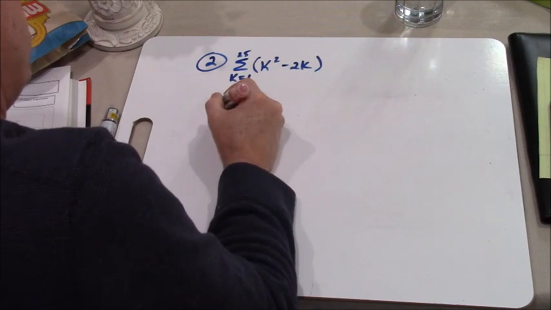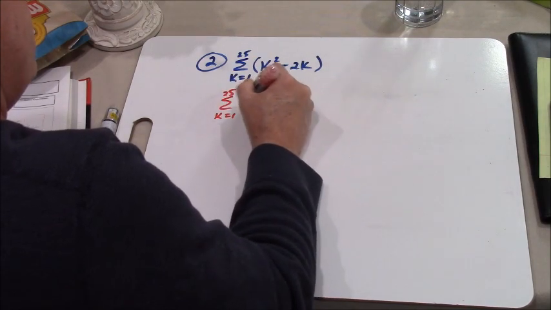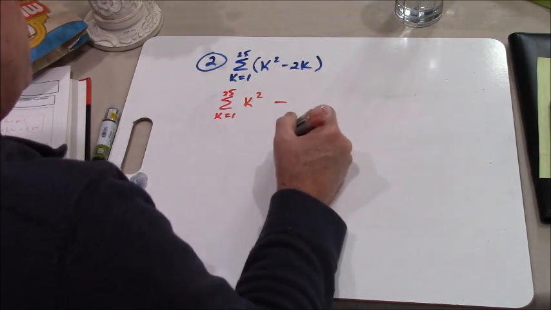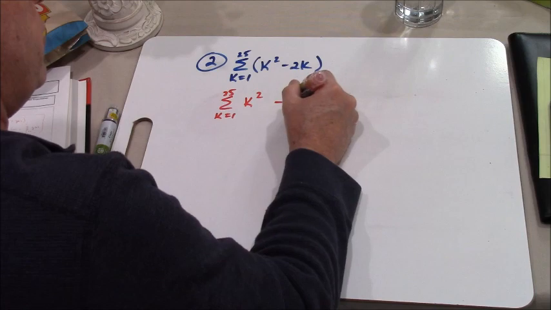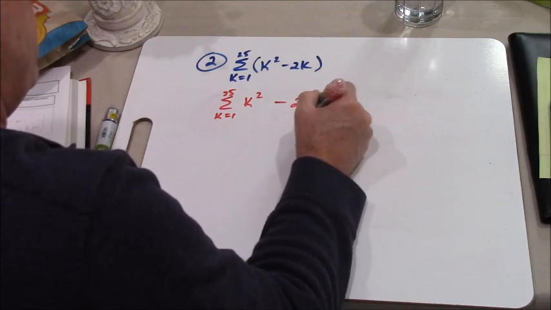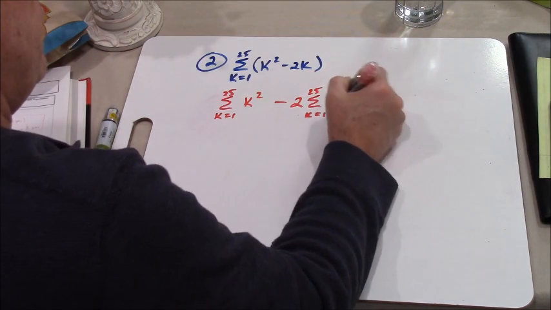So I've got the summation for k equals 1 to 25 of k squared minus, there's a constant here, so I'm going to write that on the outside, and then the summation for k equals 1 to 25 of k.